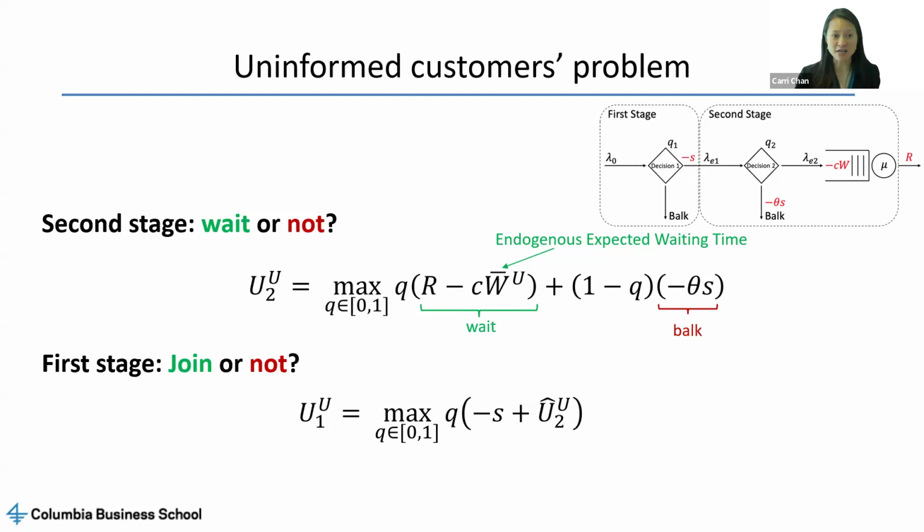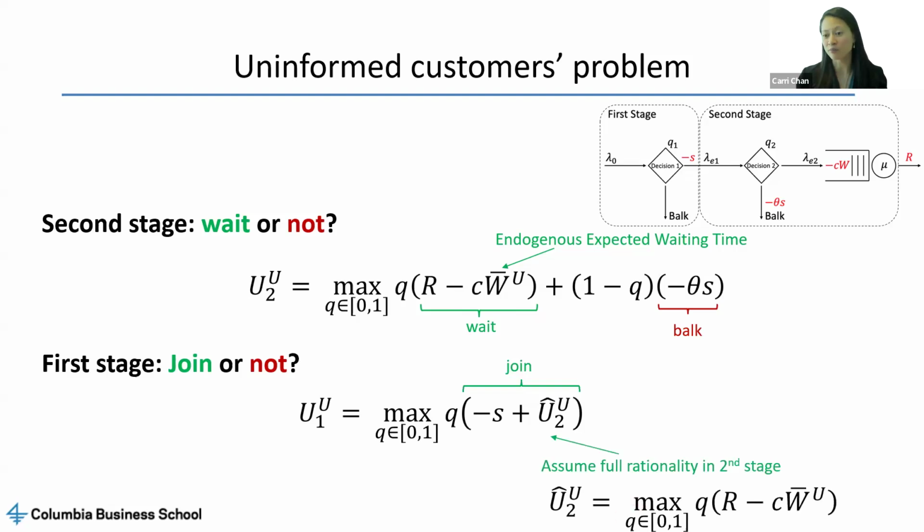In the first stage, the customer is making the decision, should they join the queue or should they balk? If they balk, they incur no costs, but also don't generate any utility. If they join, they have to pay that sunk cost. And then this is their expected utility given what's going to happen in the second stage. Now, this is interesting here how we're going to try to model this.